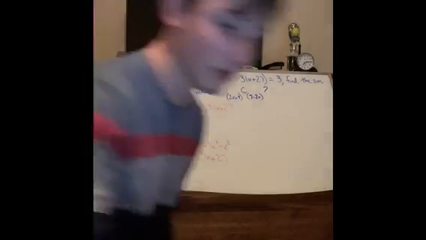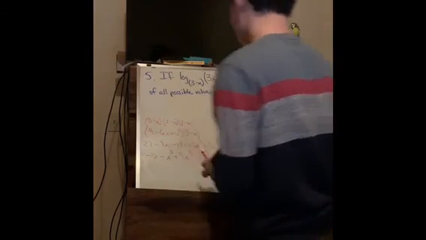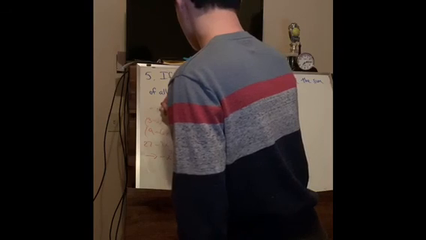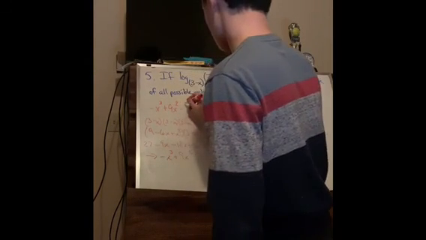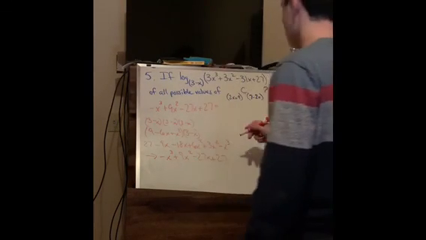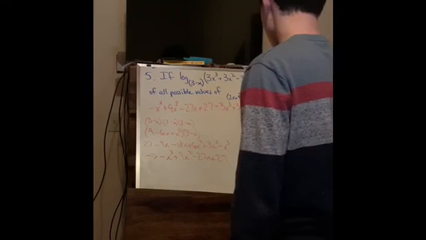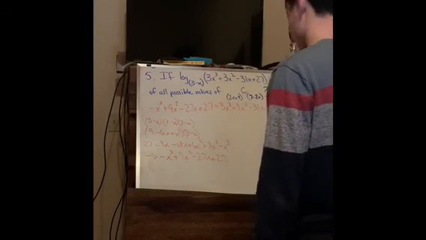I'm just going to copy it there to save some room. So, negative x cubed plus 9x squared minus 27x plus 27 is equal to 3x cubed plus 3x squared minus 31x plus 27.